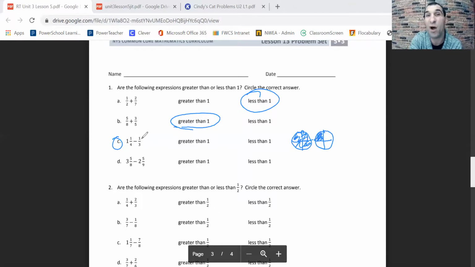If I'm taking away a third, let me use a different color so you can visually see this. A third would look like this. Okay? If I'm taking away this third, I'm removing that, I'm taking that away.